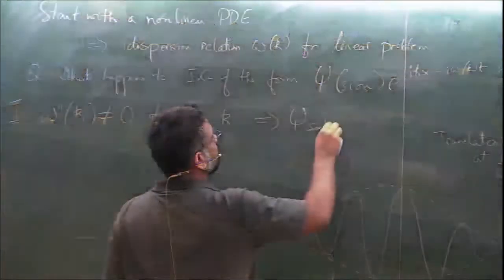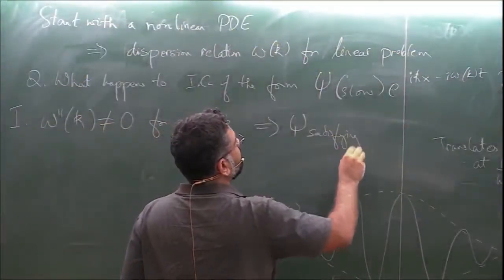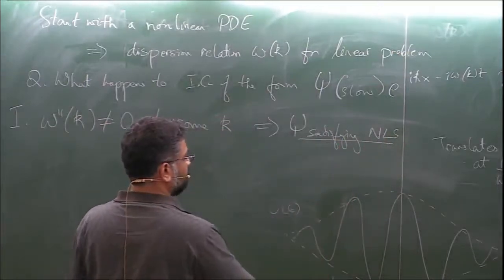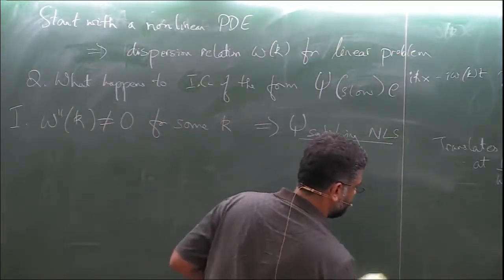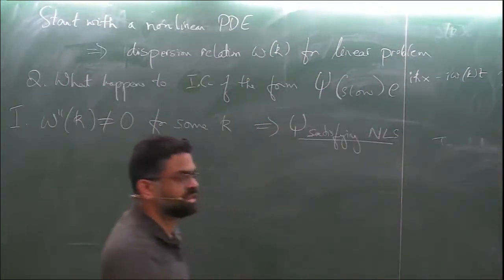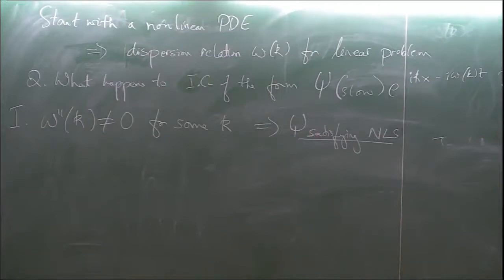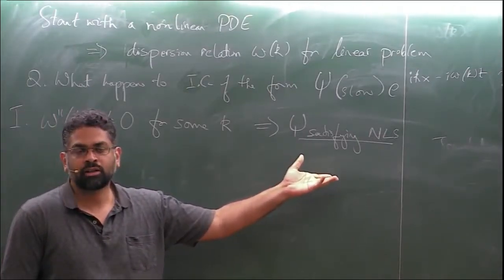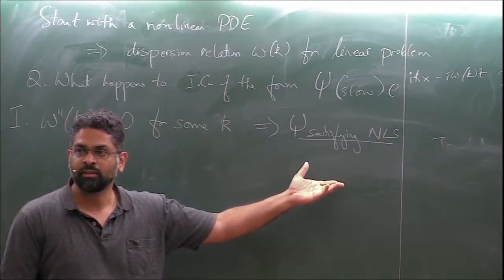In this case, you get psi satisfying nonlinear Schrodinger, generically. There are some degenerate cases, but generically this is what happens. So it's in this sense universal: when you have a dispersion relation that's non-trivial, then psi, the slow modulation, generically satisfies NLS.